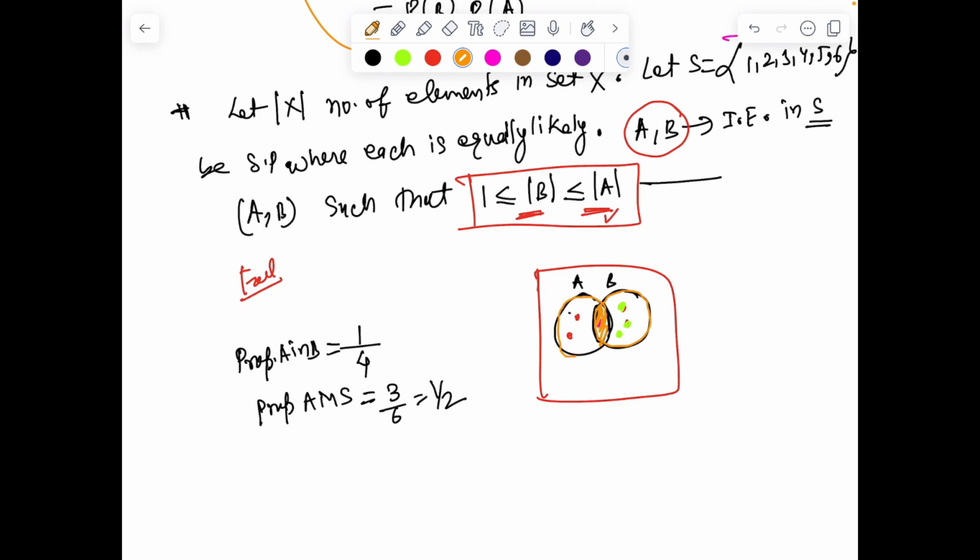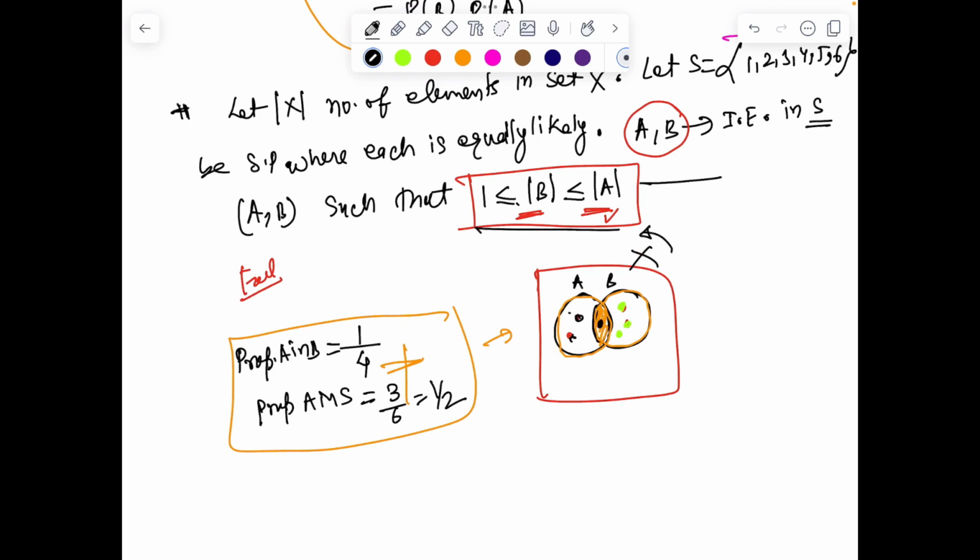Since they are not equal, the events A and B are not independent in this picture. Also it does not satisfy the condition, because |A| is 3 and |B| is 4.